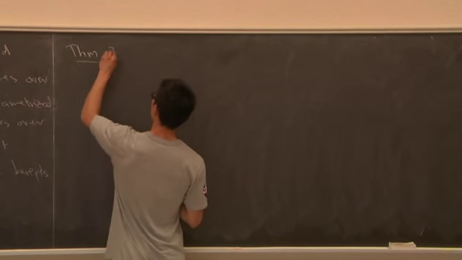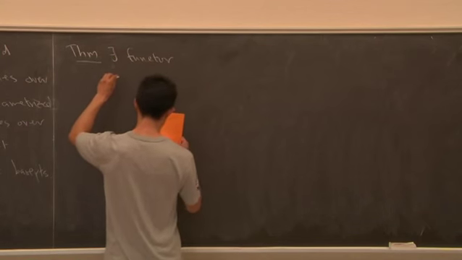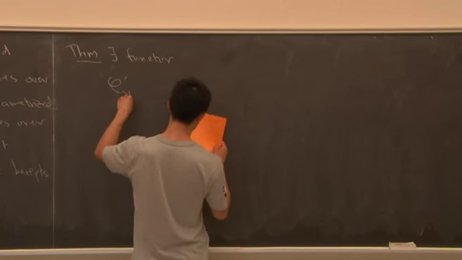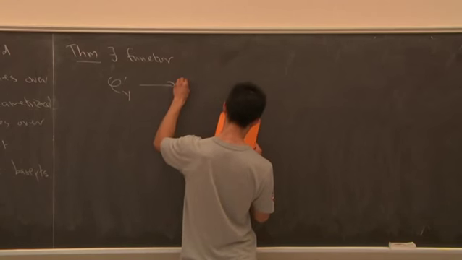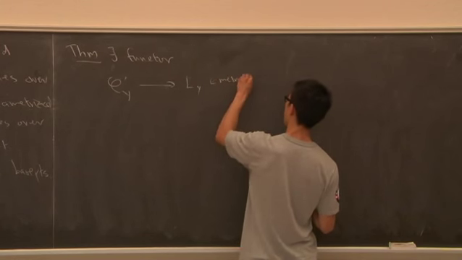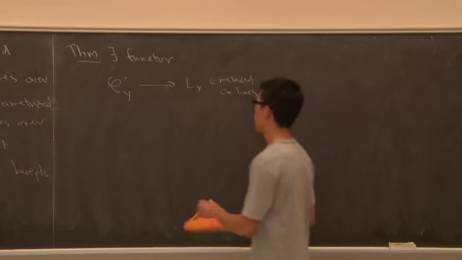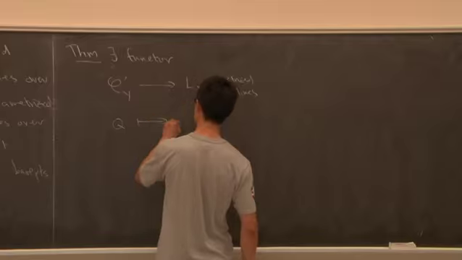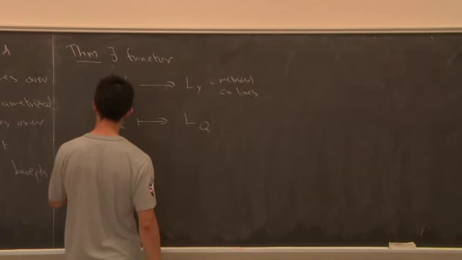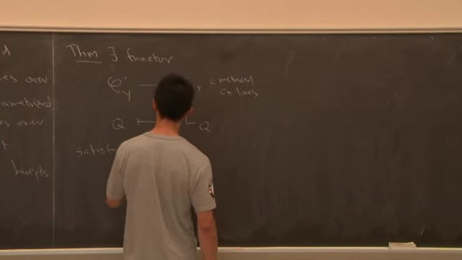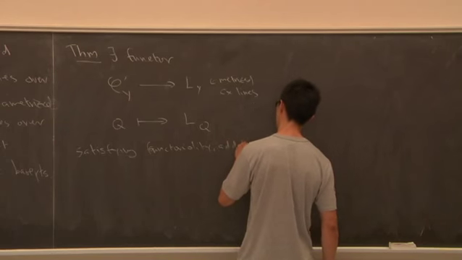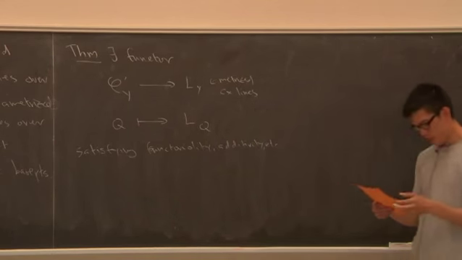you can say that there's some functor from C prime Y to L of Y. So this is going to be metrized complex lines like before, and it's going to send some Q here to something which I'll denote L of Q. And this is going to satisfy all the functoriality and additivity stuff we said before.